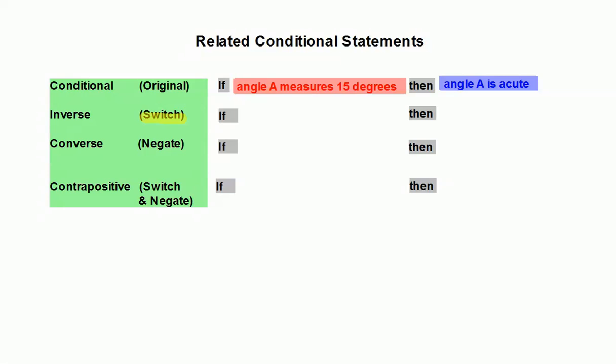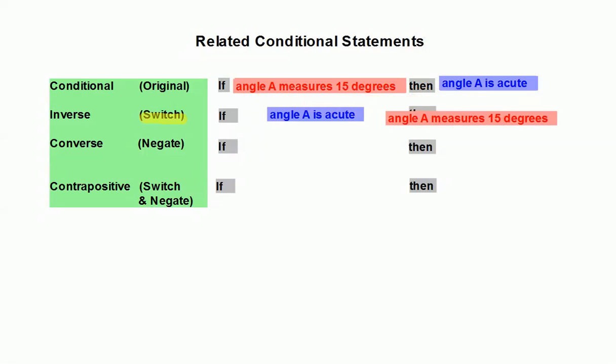So I am going to move the conclusion, angle A is acute, to the front. So my conclusion now moves to the hypothesis, and my hypothesis, angle A measures 15 degrees, is now going to get moved to my conclusion.